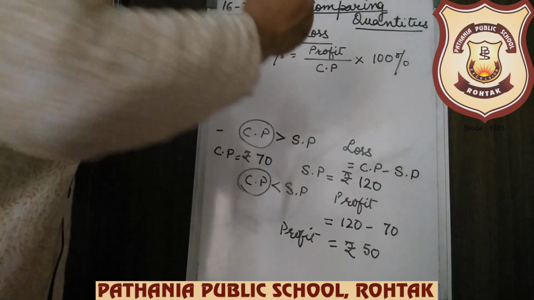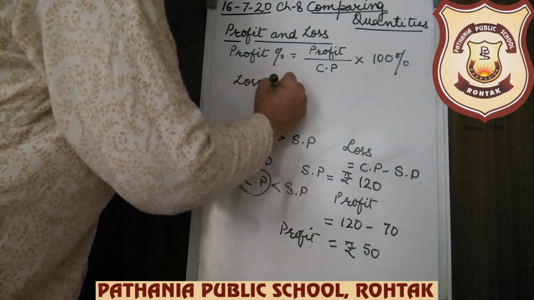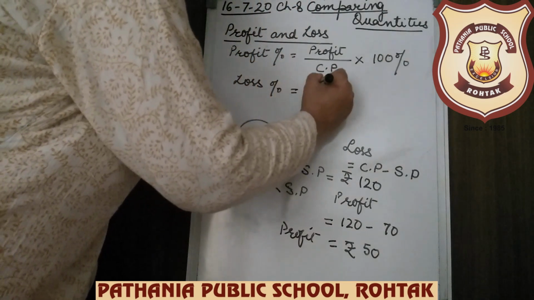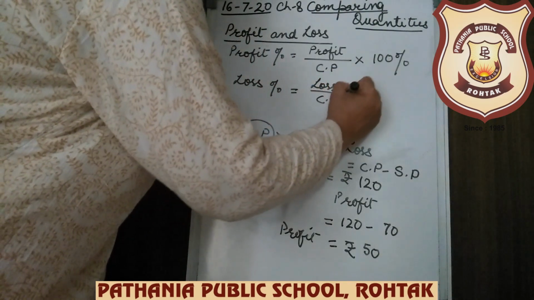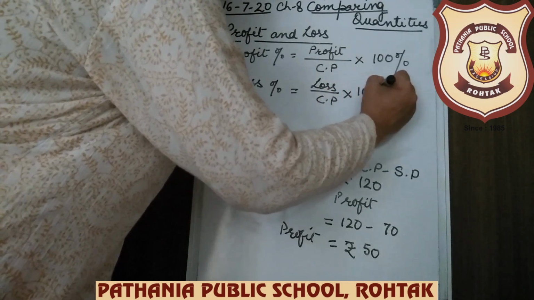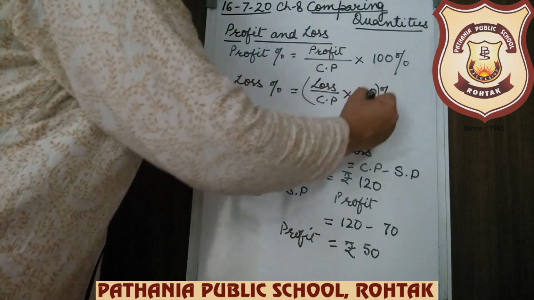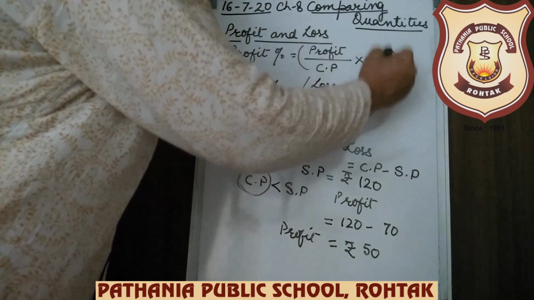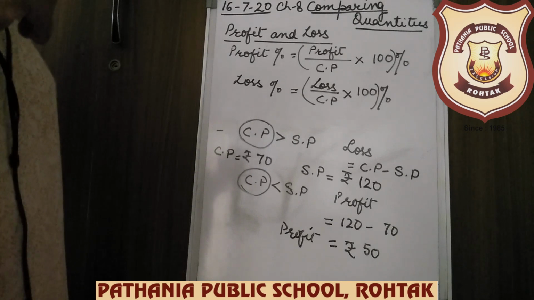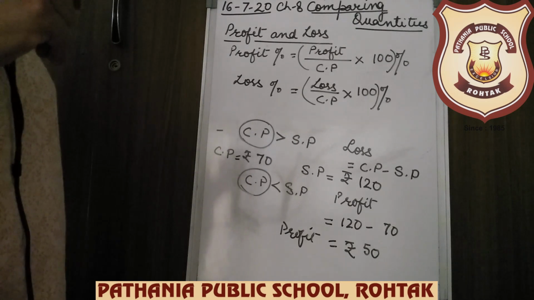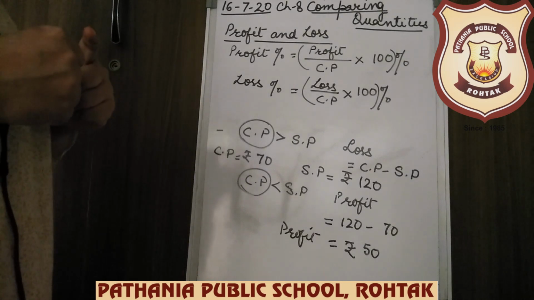So what will be the formula for loss percent? Loss percent is equal to loss upon CP multiplied by 100%. Is this clear? So in this manner you are going to calculate the profit percent and loss percent.